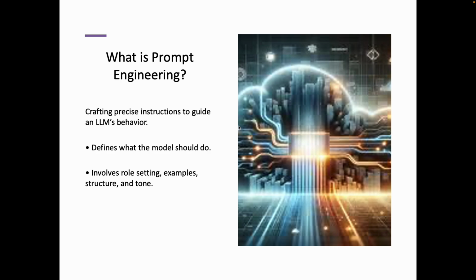Prompt engineering, in very simple terms, is crafting very precise, to-the-point instructions that we want to feed to an LLM to get a response to our questions. This is the way you ask a question to an LLM. We define what the model should do for us.